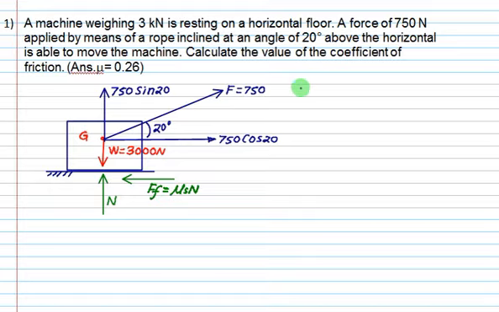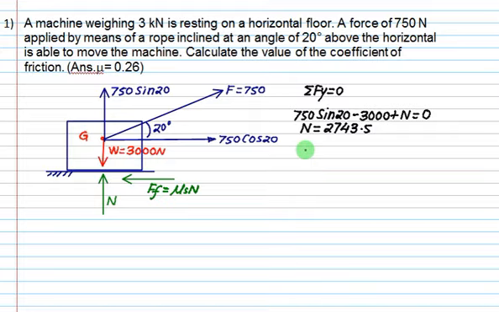As a standard practice, first of all you have to apply sigma Fy. So 750 multiplied by sin 20 minus 3000 plus N equal to 0.